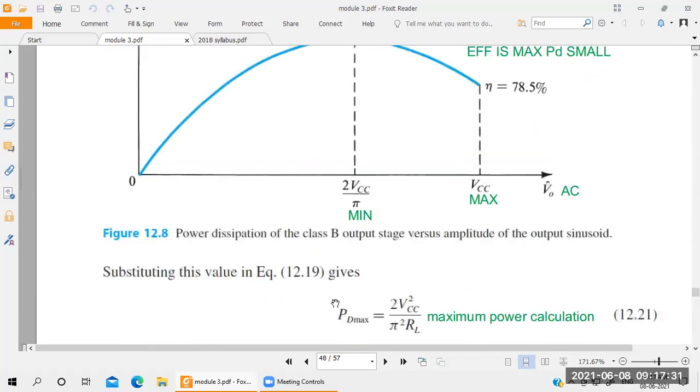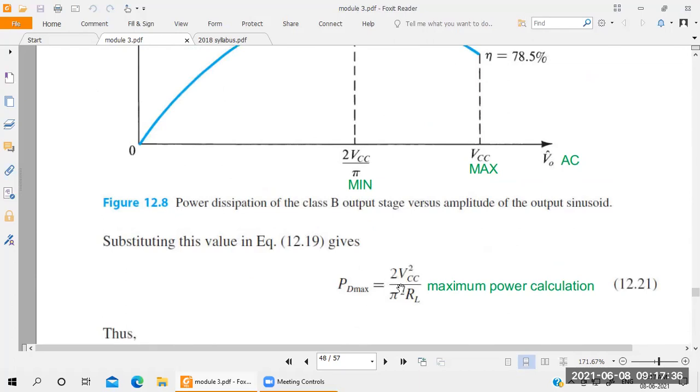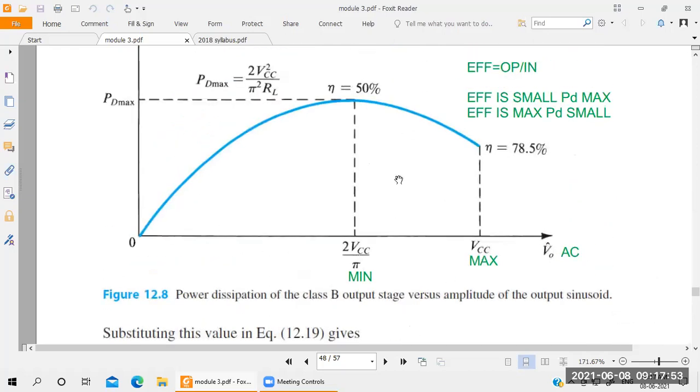You'll get the total power consumption for class B: 2 into VCC square divided by pi square into RL. Once you do the derivation here, then you can understand. Understood?